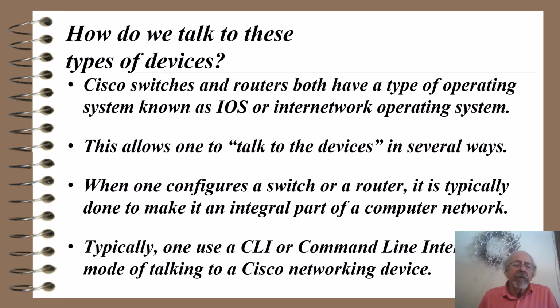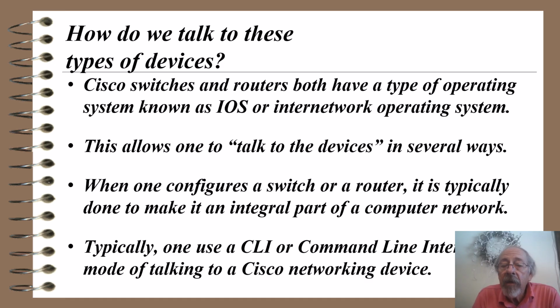How do we talk to these types of devices? Well, again, in the CSET program, one of the things we do is give you the skills to be able to talk to these devices, set them up and so forth, ask them questions, troubleshoot them, and so on. So Cisco switches and routers both have a type of operating system known as IOS, or Internetwork Operating System.